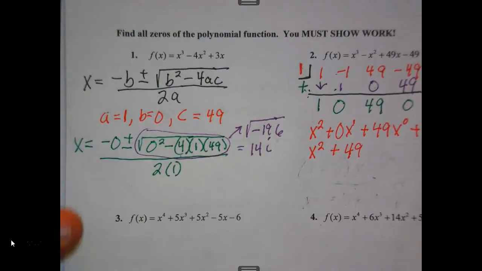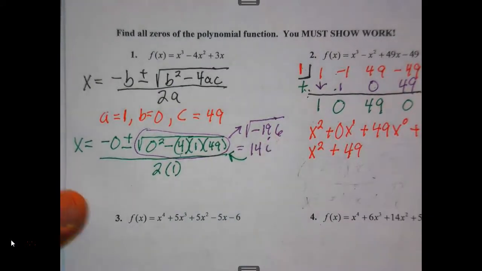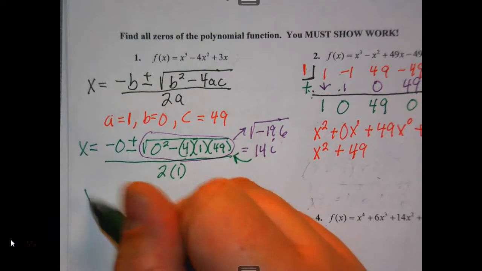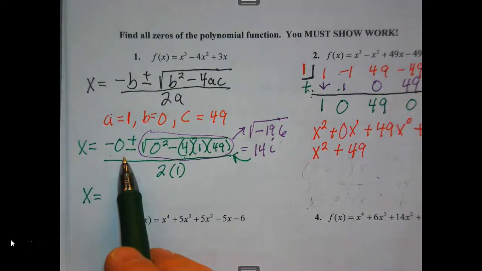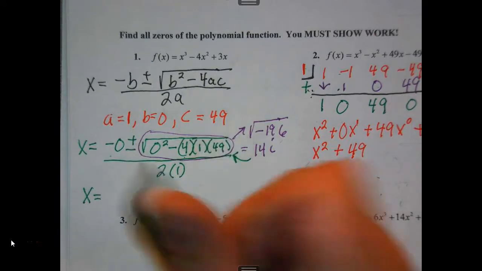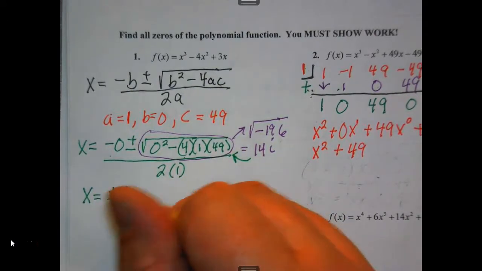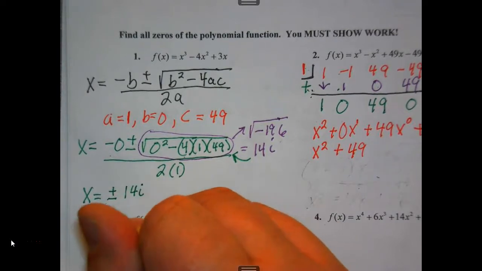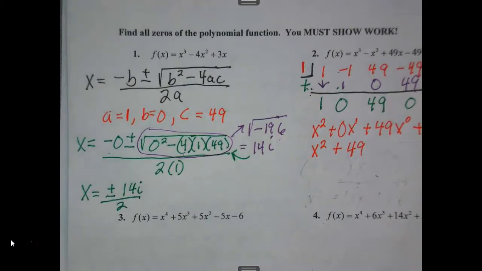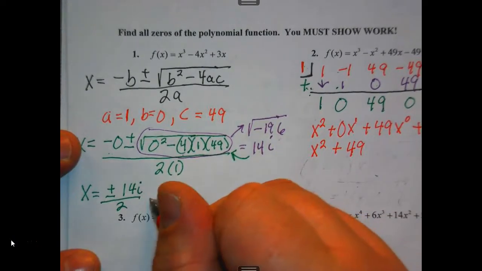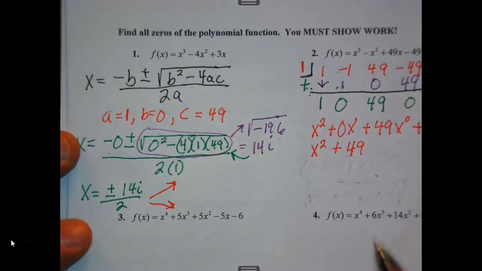Okay, so we're going to put 14i back into our problem. So x equals, I'm not going to put the negative 0 there because it's just 0, plus or minus 14i over 2 times 1 is 2. So from this, we get our other two solutions, right?